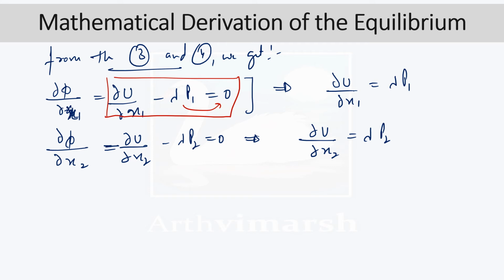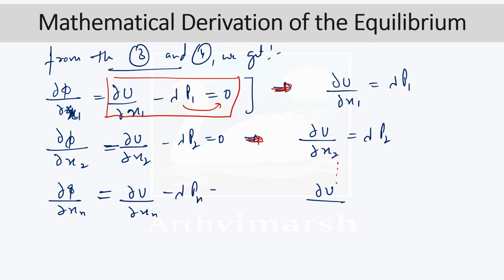So this is rewritten for all these cases, and it can go on up to n cases. For the nth case, del phi upon del xn gives del u upon del xn minus lambda pn equals 0, which implies del u upon del xn equals lambda pn. Likewise, this keeps on going.